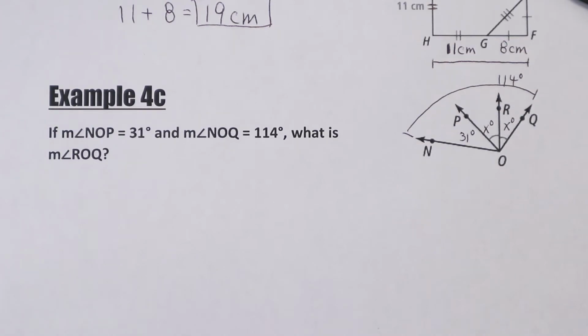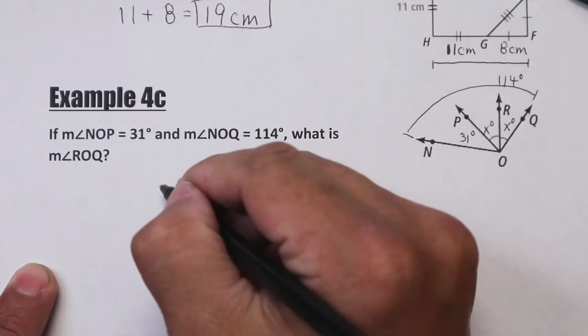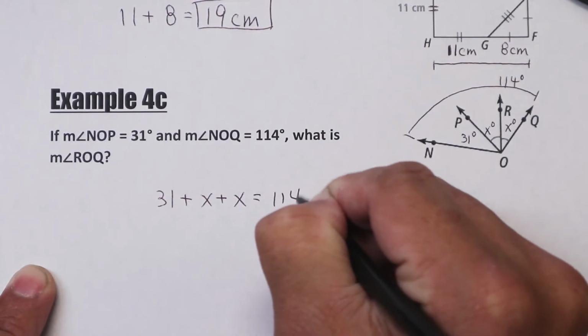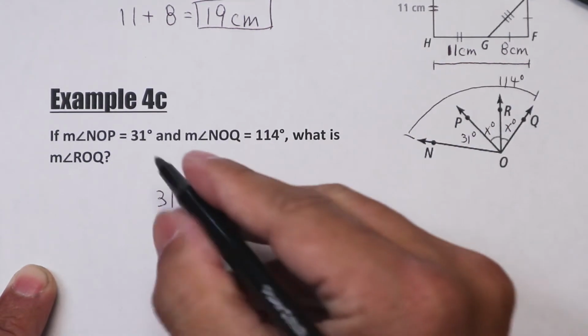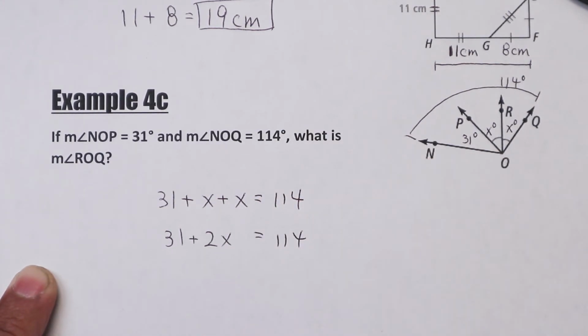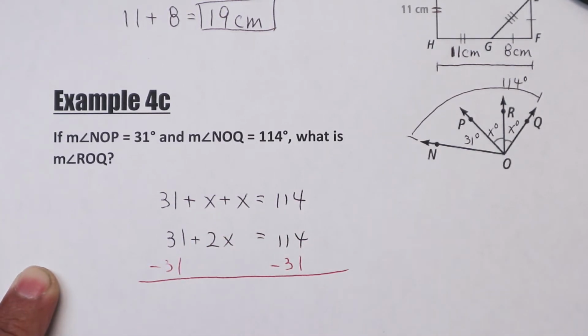We're going to use the angle addition postulate to add these 3 angles and set it equal to 114. So the equation is 31 plus x plus x is equal to 114. Let's combine like terms: x plus x is 2x, so 31 plus 2x is equal to 114. You're going to subtract 31 on both sides, okay?